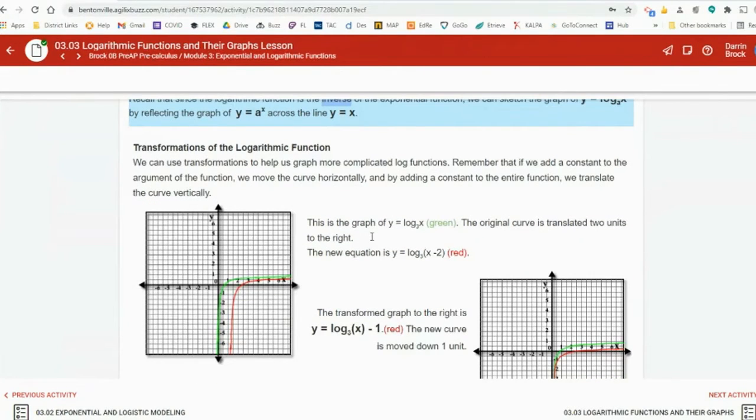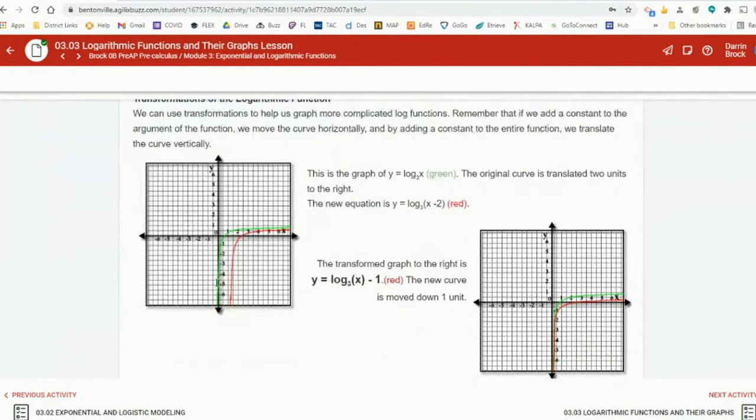It'll undo the exponential. It's the inverse. So it looks very much like the exponential that we saw up here, except it's reflected over that diagonal y equals x line. So when we see y equals log 3 of x, that's the green one right here. And we can do transformations with this.